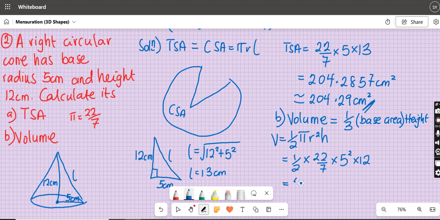We are getting 471.428 centimeters cubed, and then we can approximate it to 471.43 centimeters cubed. Volume is always in cubic units. So that is the second example.